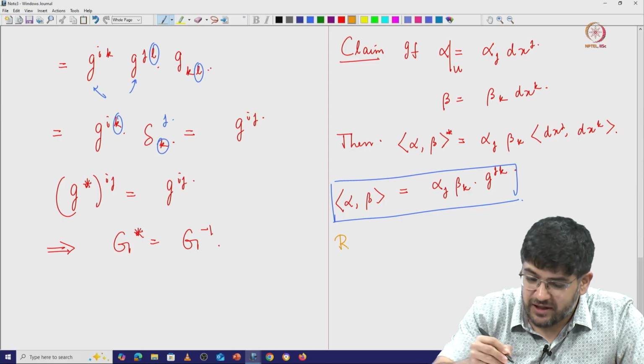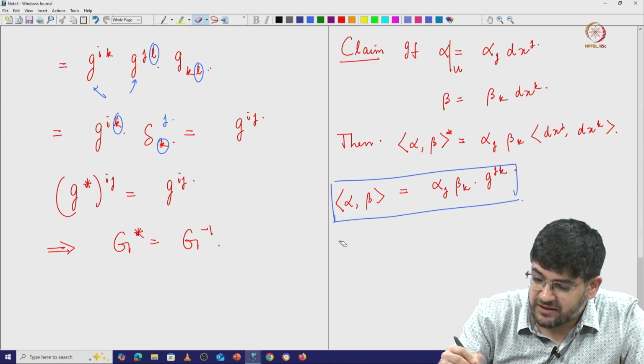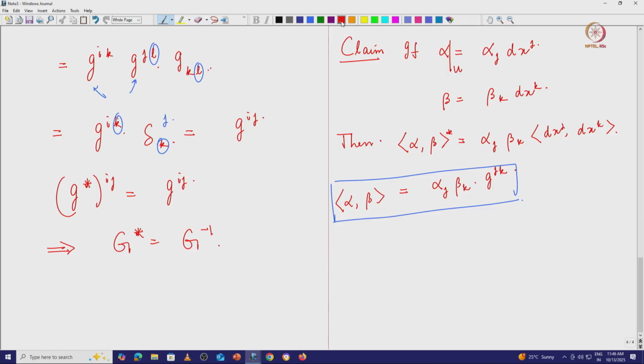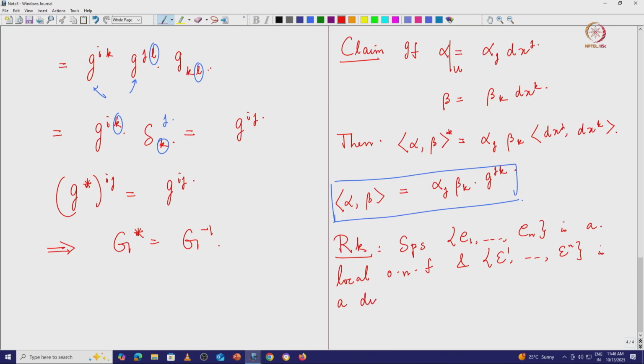All right, let me make a quick remark. Suppose now you work in a local orthonormal frame. So suppose E1 up to En is a local orthonormal frame, and let us say epsilon 1 up to epsilon n is a dual frame.